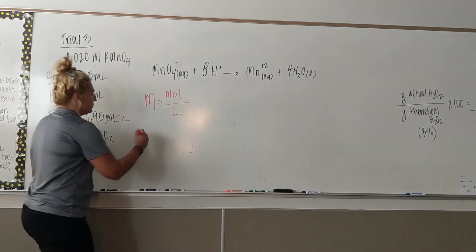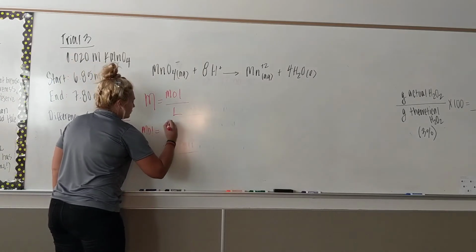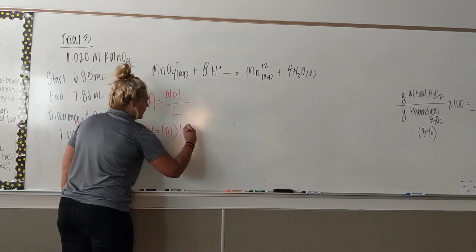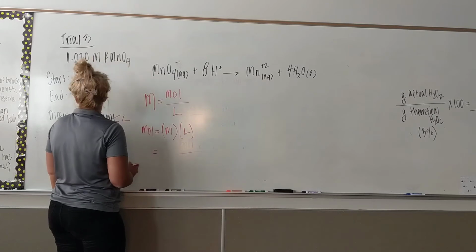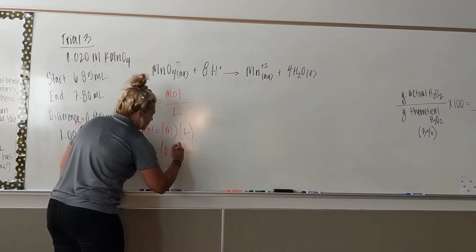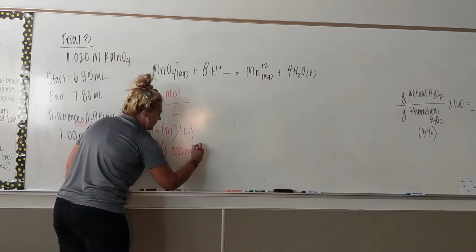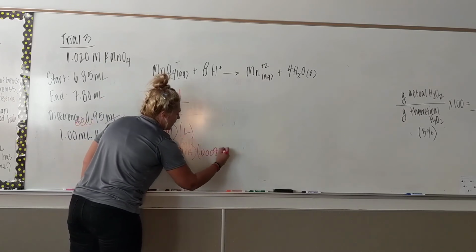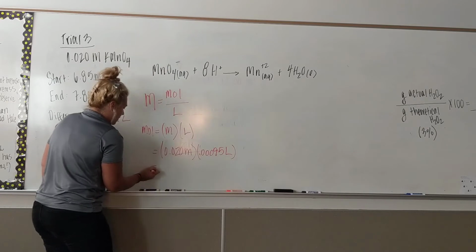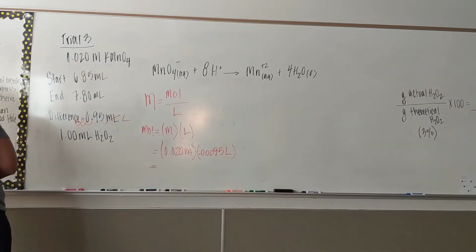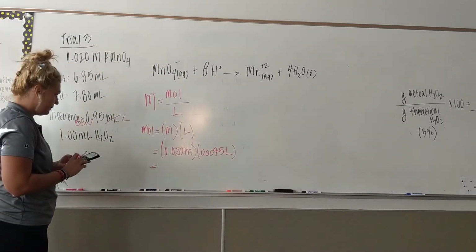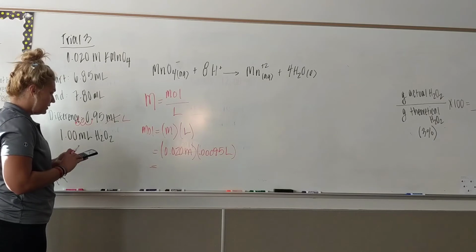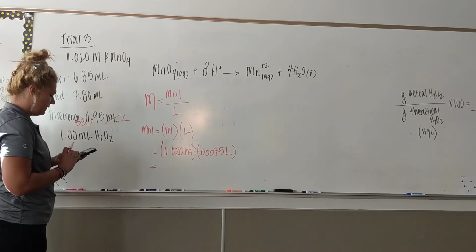And then I can solve for moles. Moles is equal to the molarity times liters. So the molarity that I have is 0.020 molar times the 0.00095 liters, okay?